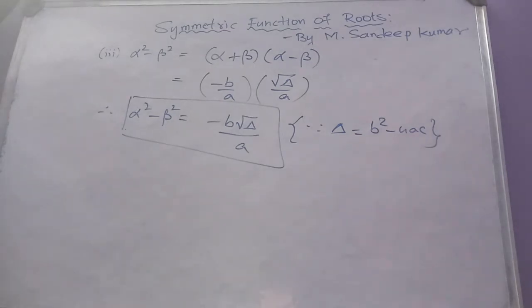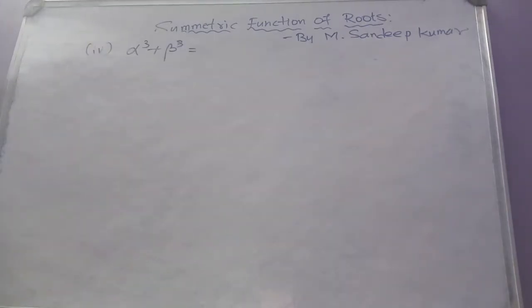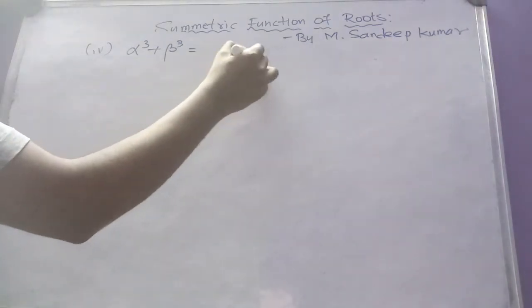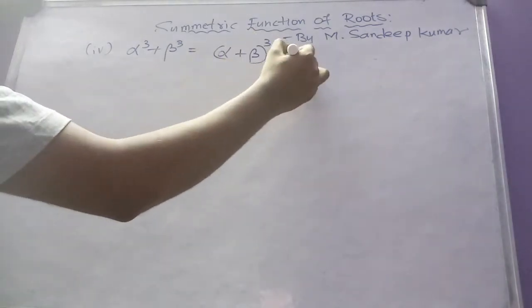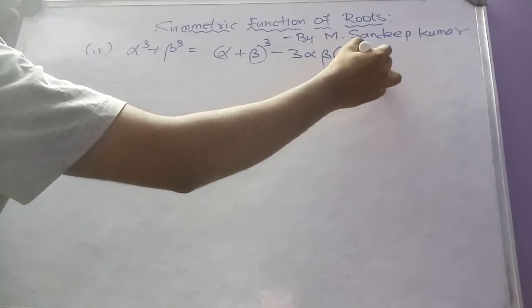Next, the fourth one is alpha cube plus beta cube. Using the identity a plus b whole cube is equal to a cube plus b cube plus 3ab into a plus b, we can write that alpha cube plus beta cube is alpha plus beta whole cube minus 3 alpha beta into alpha plus beta.